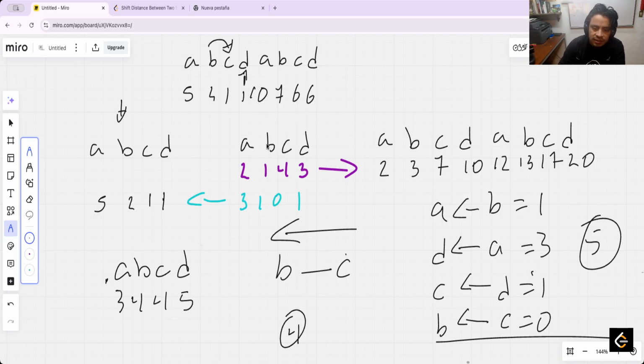Because in this case the cost to move to the previous is 1, now is 3, plus 1 is 4, plus 1 is 5. And in this case, 2, 3, 4, 14.